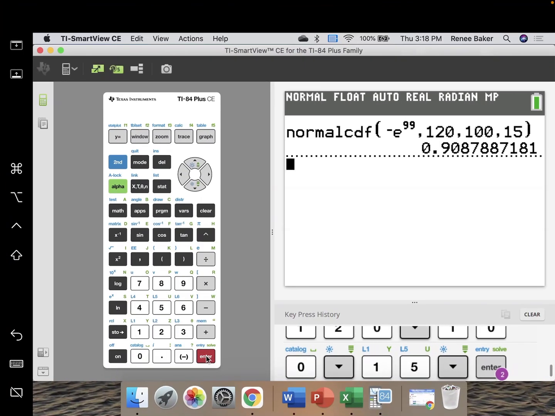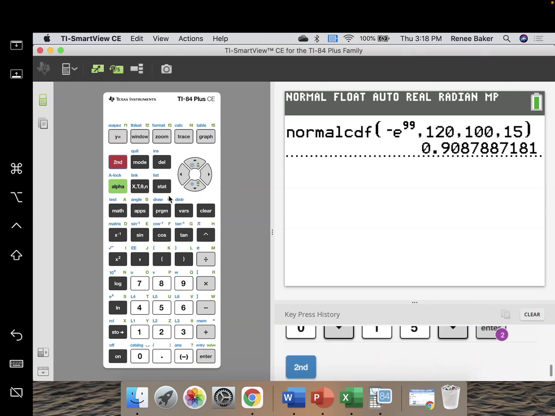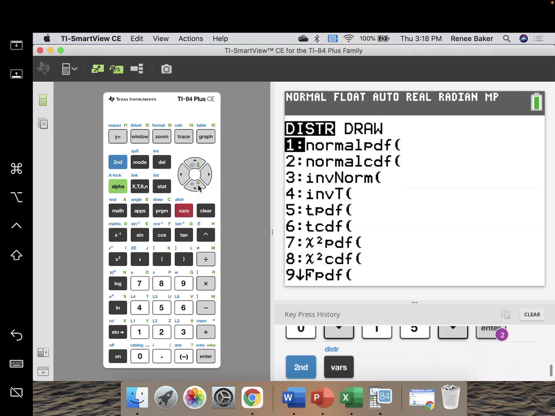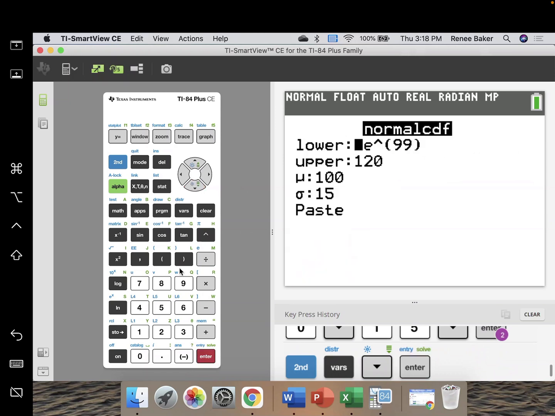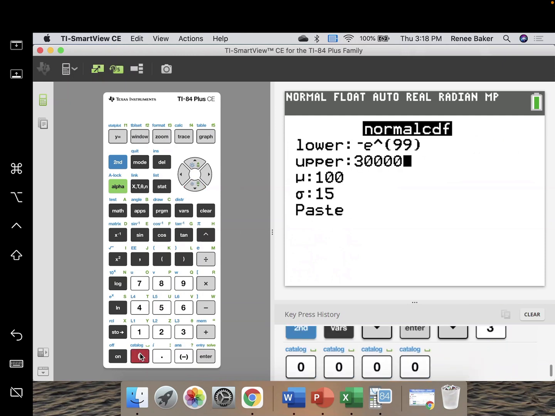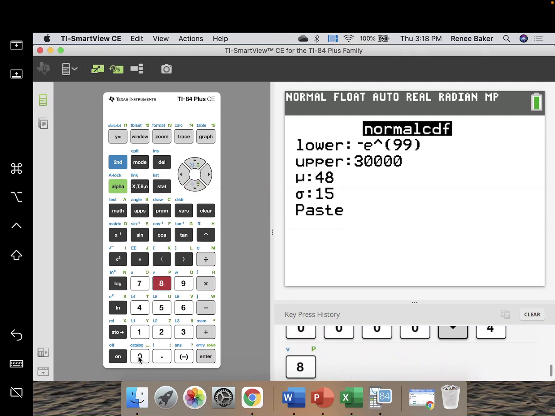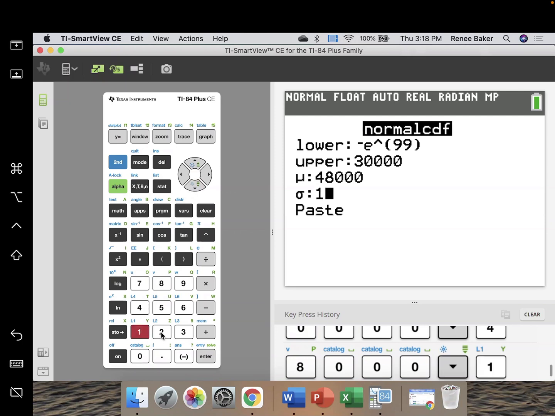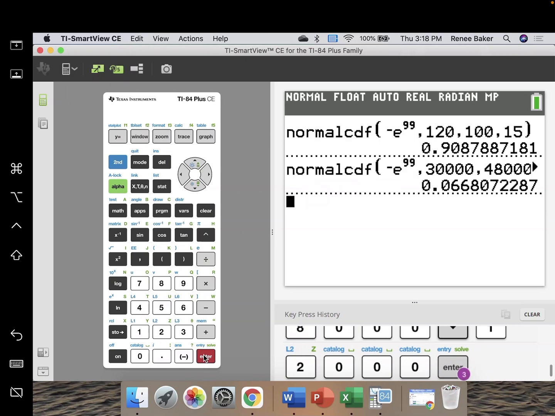So if I go to my calculator, second vars 2, negative e to the 99th, 30,000, 48,000, 12,000, and I get 0.0668.